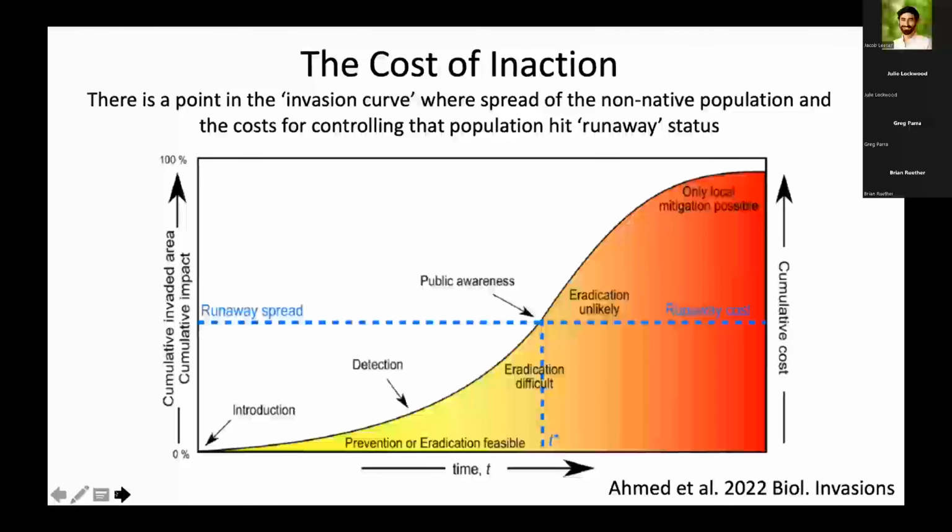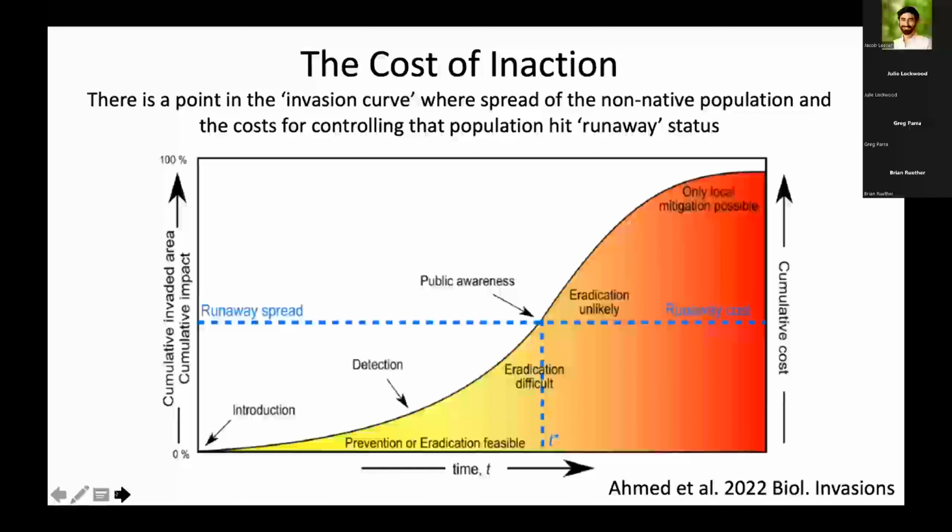That's where the population is large enough that beyond that point, you can't stop it, and the costs of stopping it will go up quite a lot. So the goal, of course, in invasive species management and in pest insect management is to never hit the runaway spread and cost point, and if you want to stop the spread, you want to do that at every location where it shows up.